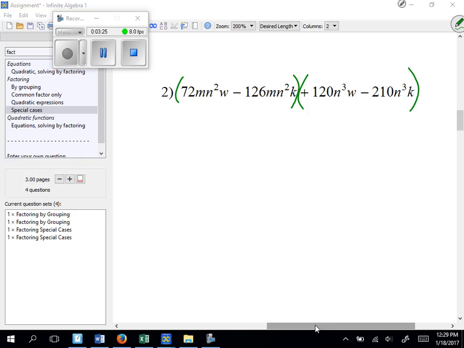Hopefully you have a nice teacher and they put them in order so you don't have to redo this. Between 72 and 126, that is a crazy one. I know that 9 goes into it. 36 maybe. 36, 90, 120 now. I'm going to go with 9. I'm going to see if 9 is the biggest thing that goes into it. That is a crazy, stupid problem.